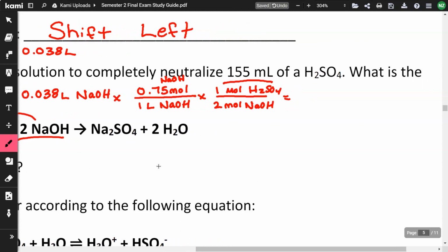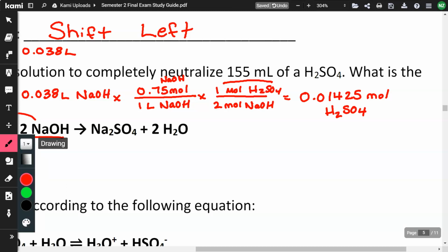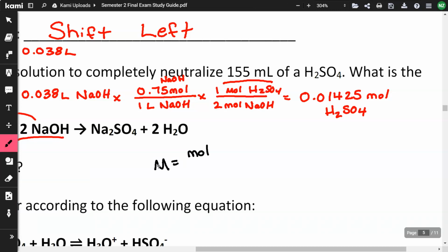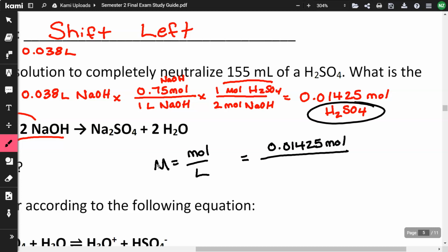So when you put this in your calculator, you get 0.01425 moles of H2SO4. To get the molarity, you just plug it into the molarity equation. Okay, so we have our moles now, and it gave us a volume earlier.